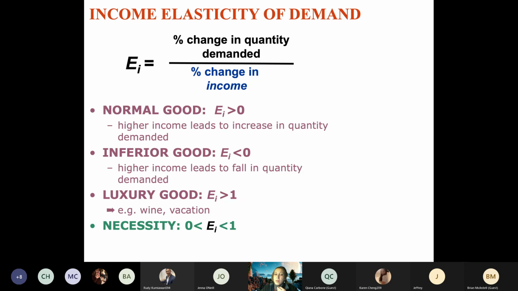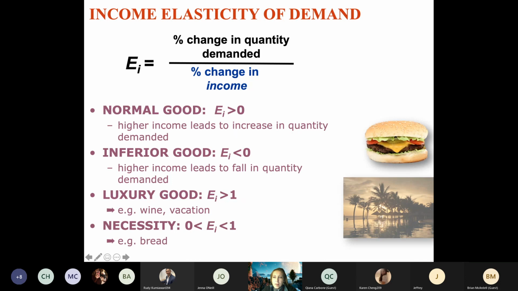Those are the ones that we call necessities. That's an economic definition. Bread is an example. So vacation and hamburgers. Maybe hamburgers under certain conditions are actually an inferior good. Maybe as your income goes up, you'll tend to buy fewer Big Macs and eat more in a fancier place.